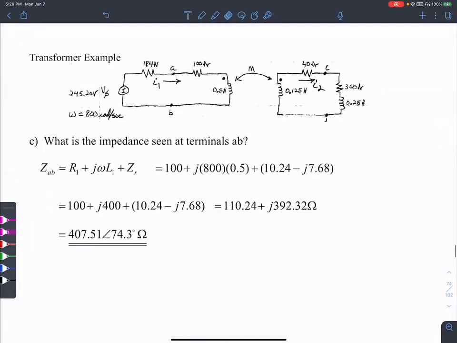Then finding ZAB is again, if you remember, R1 plus j omega L1 plus Z reflected, the reflection from the other side.